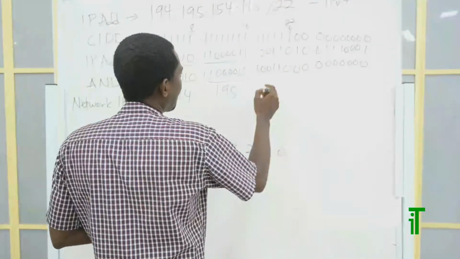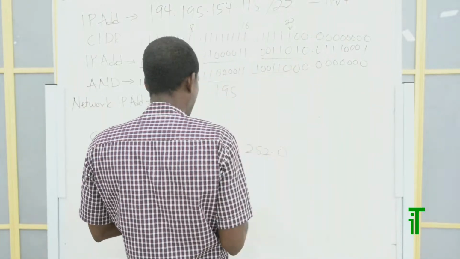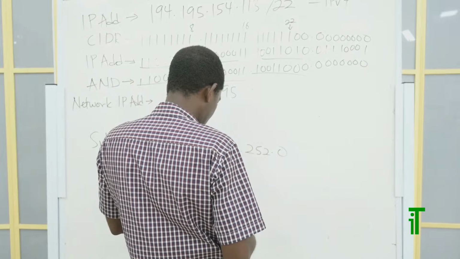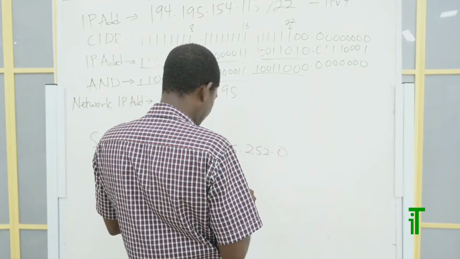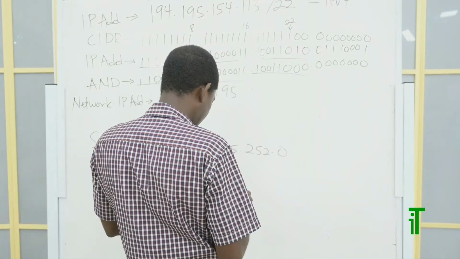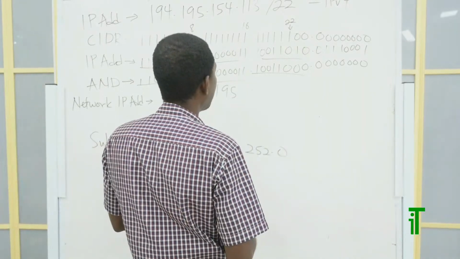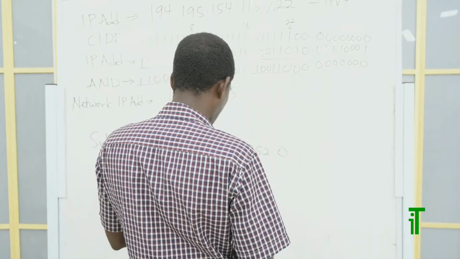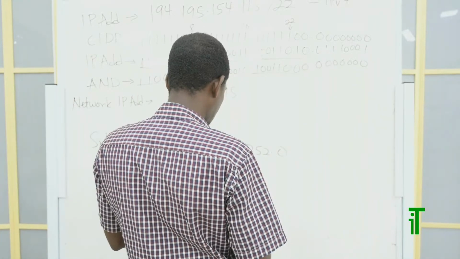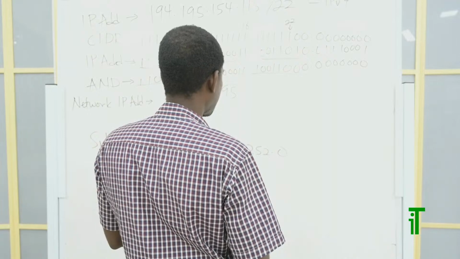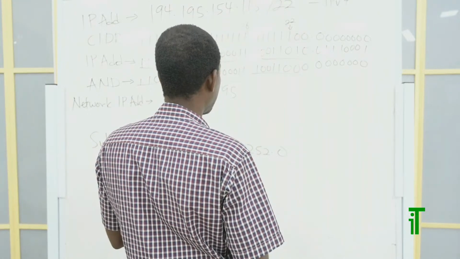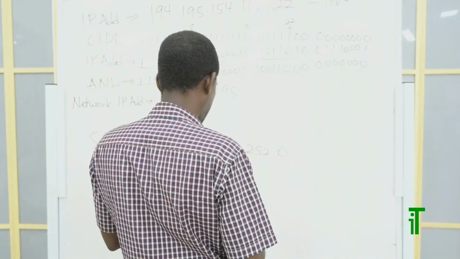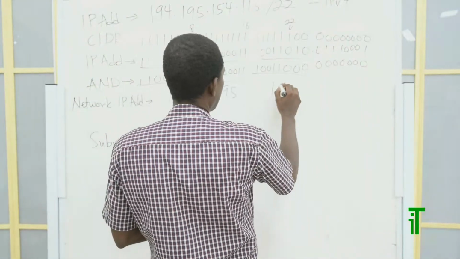Here something is different, so we need to convert from binary to decimal. Here we have 10011000, and that gives us 152.